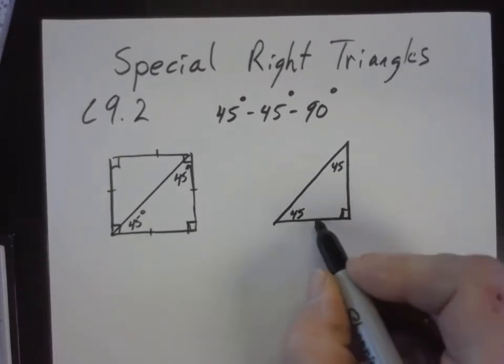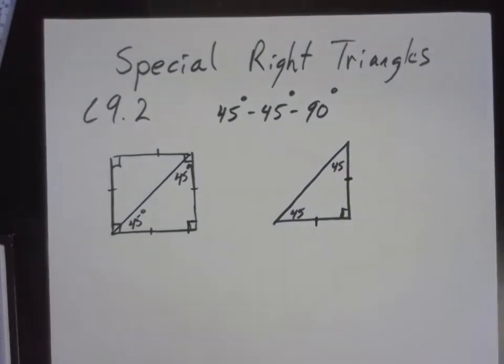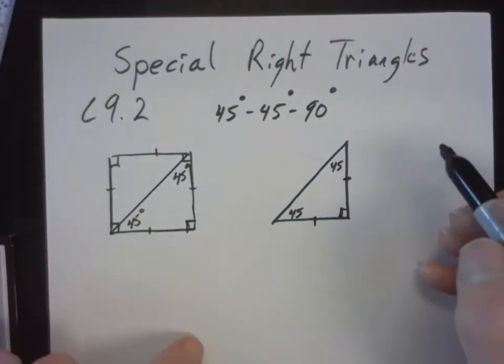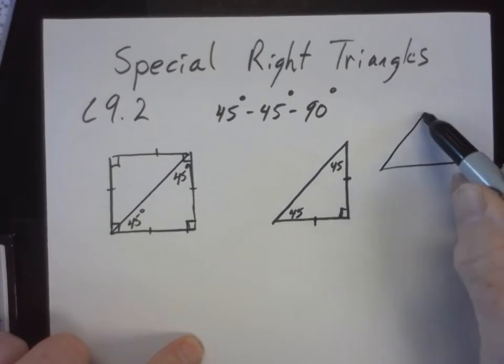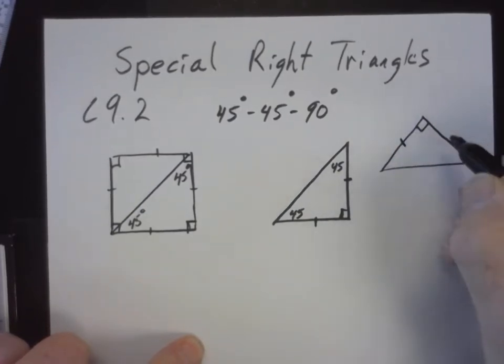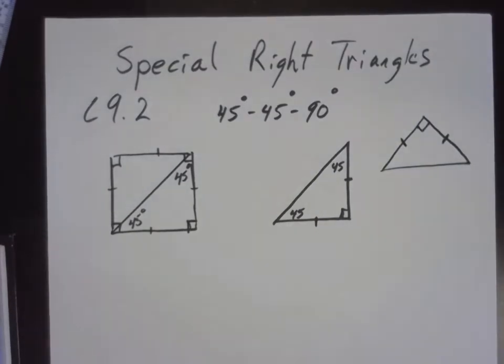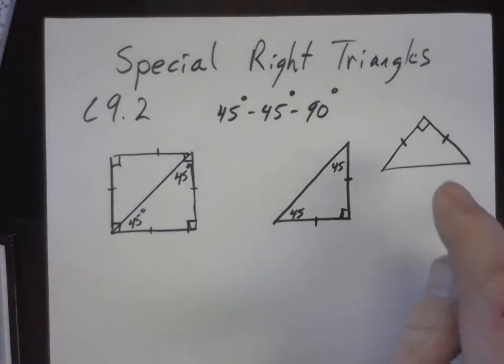Yeah, they're congruent. It's an isosceles triangle, and often we're not told. So we'll get something like this. We're not told that it's a 45, 45, 90 triangle. Often what we're given is something like this, where we're given an isosceles right triangle.